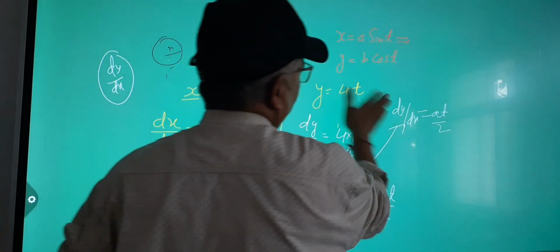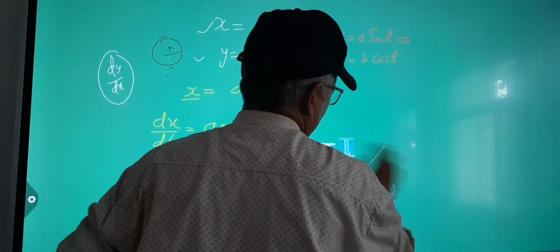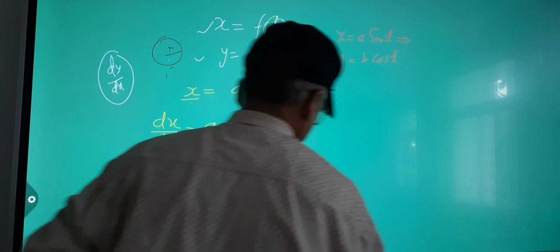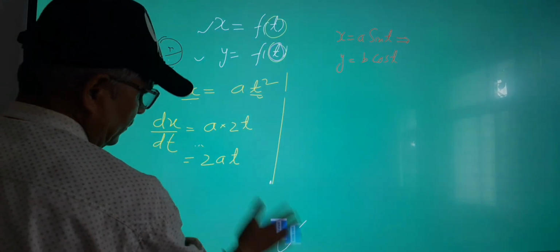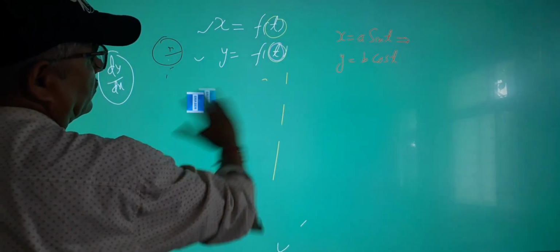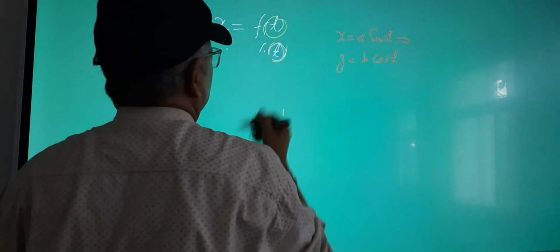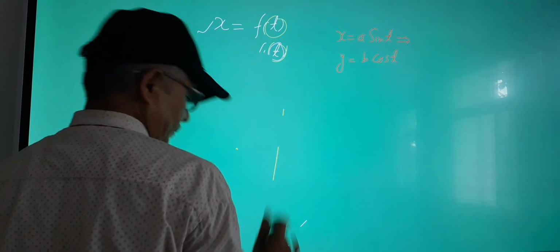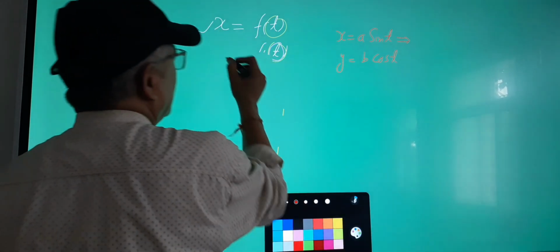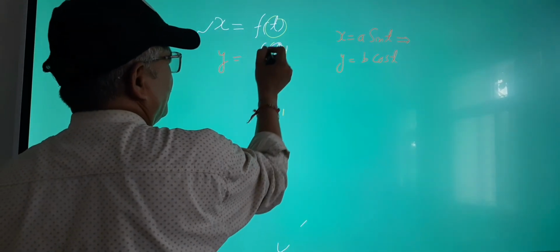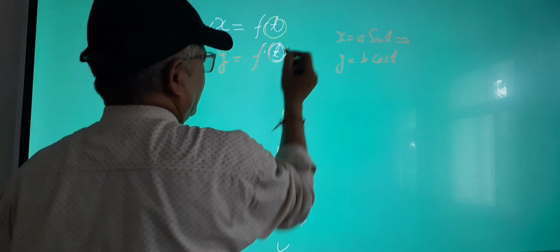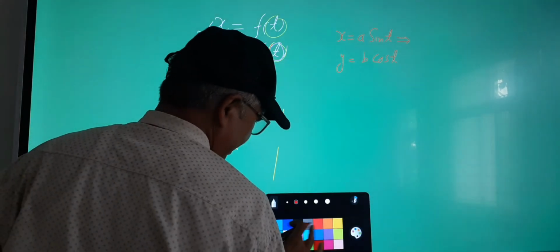This is y equal to a function of t. Is it visible? Okay, it is light, so we will use a little black. I am using a white chalk.